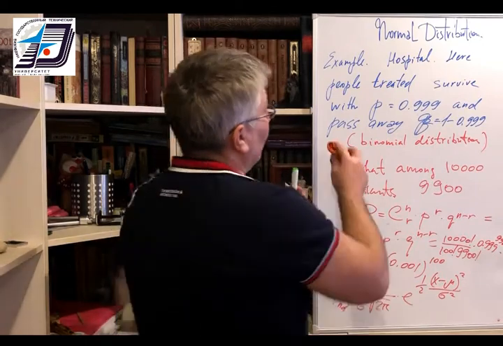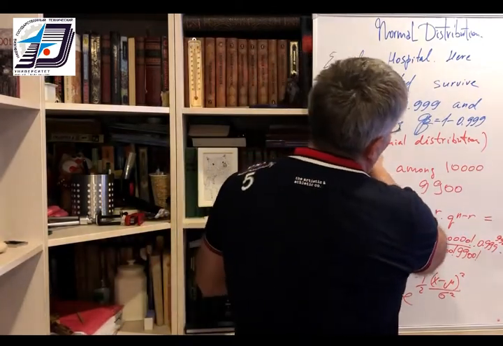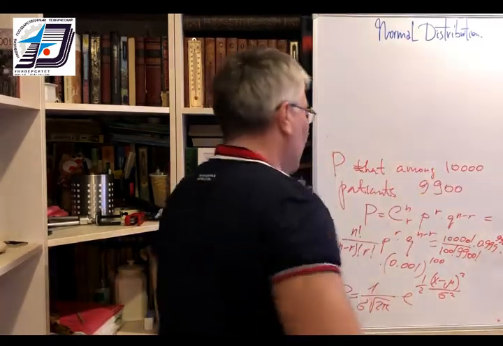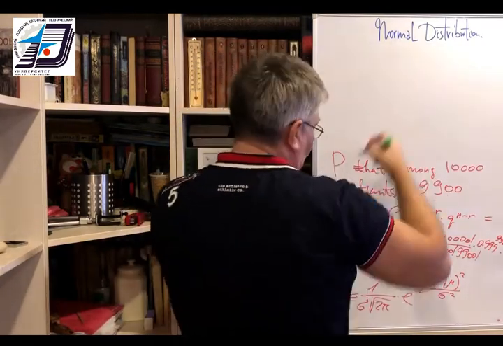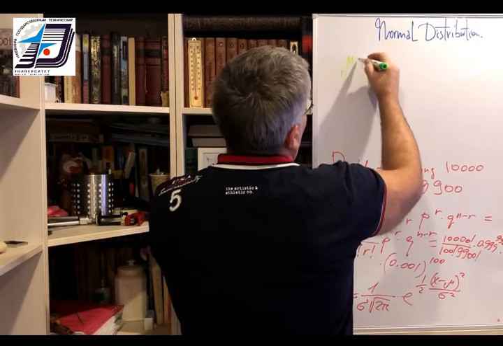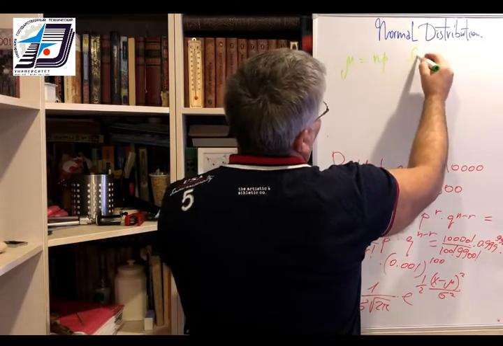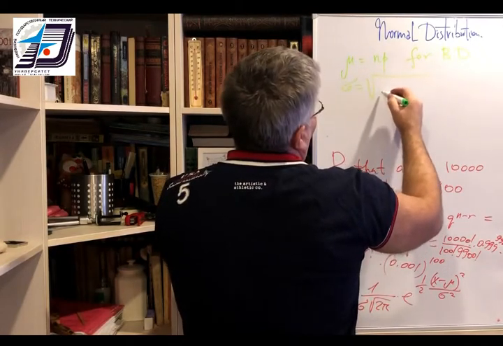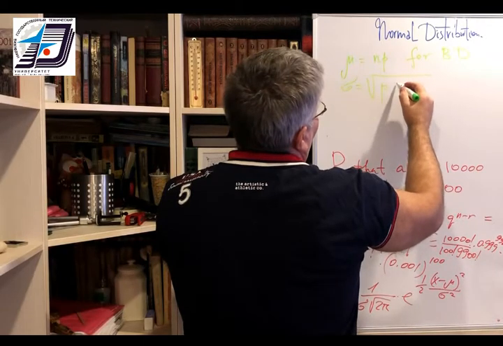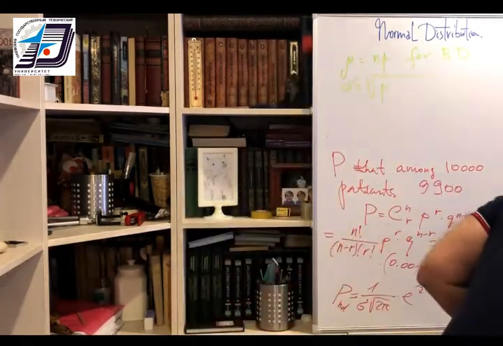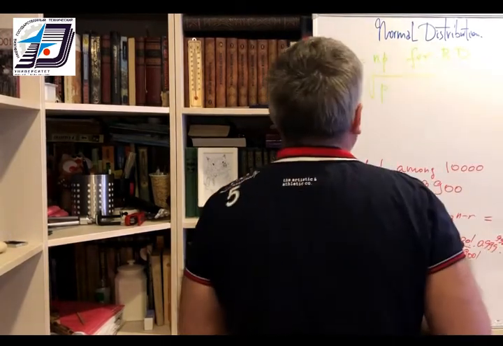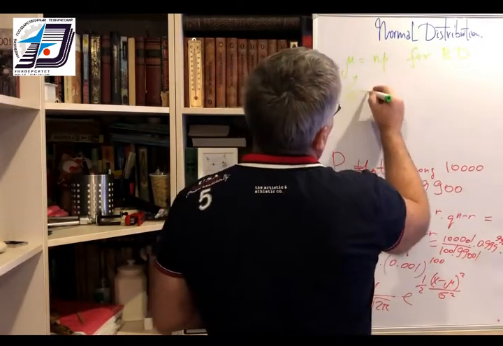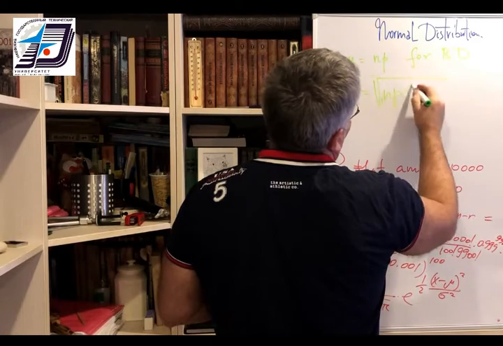Maybe you remember that for the binomial distribution, mu equals np, and sigma equals square root of np times 1 minus p.